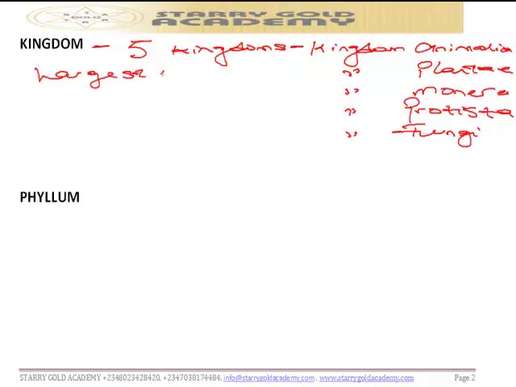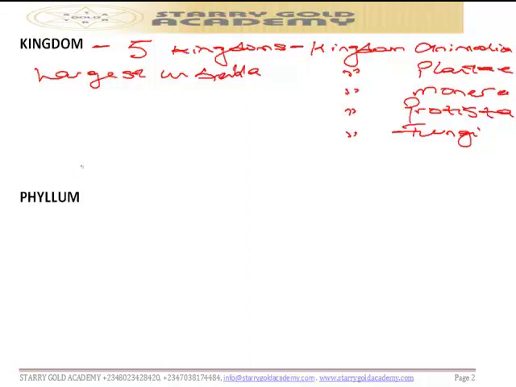So we can just say animals, and probably we are referring to insects. That is just the kingdom. It does not tell us much about the insects, whether it's a mosquito or tick or any other insect.